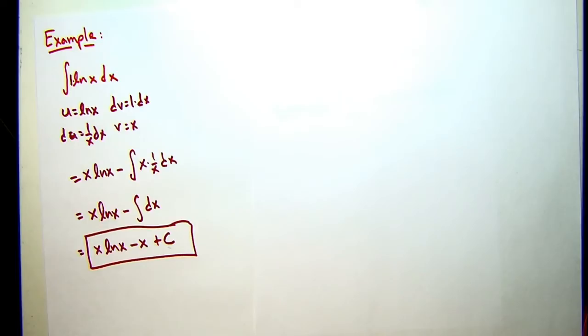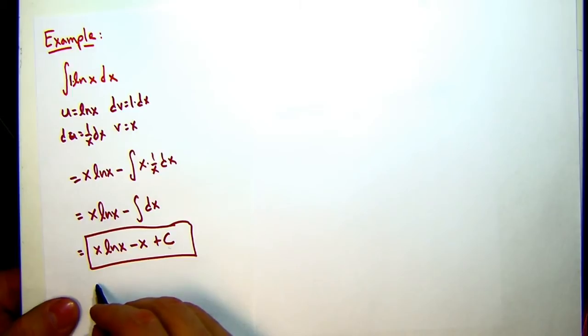There we go. Of course, we can check. We might be skeptical. Is this right? If you take the derivative of x log x, you use the product rule. Integration by parts comes from the product rule, so that's very natural to use.